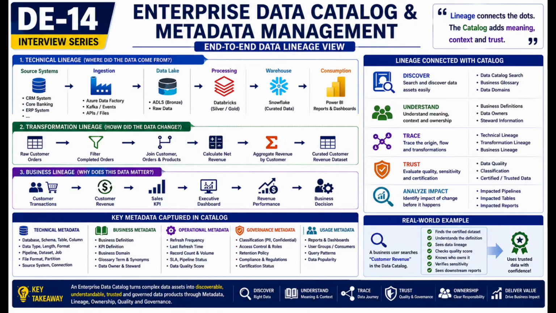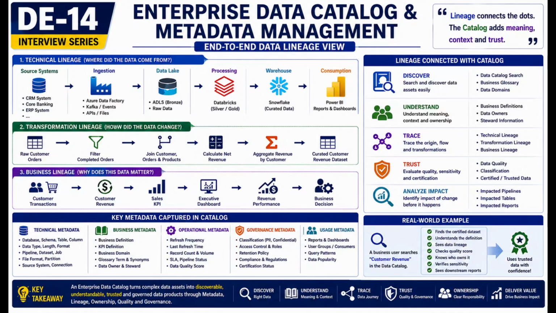Then the third one is operational metadata. Operational metadata tells us how the data behaves. For example, last refresh time, refresh frequency, record count, data volume, pipeline status, SLA, data quality score, and usage statistics, like that.